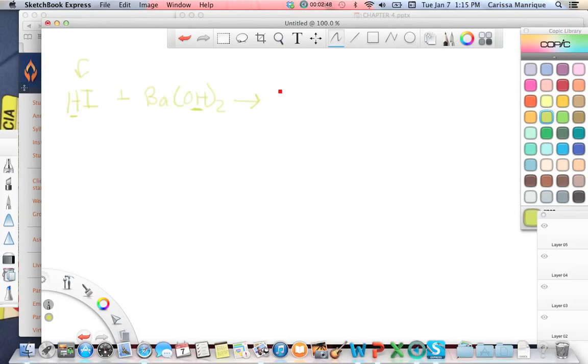Okay? And let's see what these form. I'm going to switch partners. So this is going to form water, H and OH. You see, this is our liquid. Liquid water plus BaI. And let's make sure these are balanced, okay?